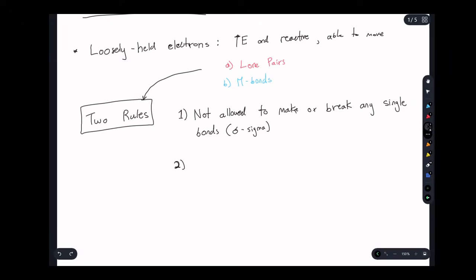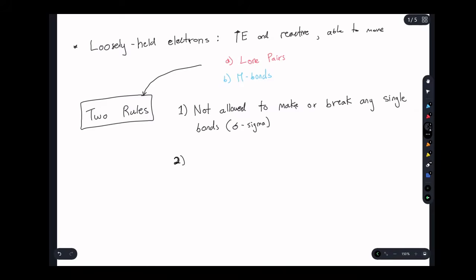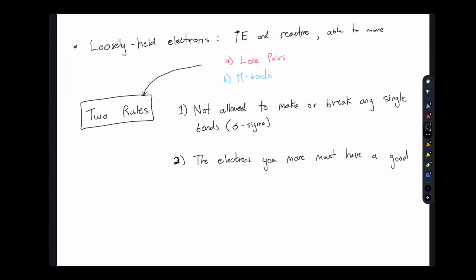The second rule kind of goes along with the first, but I like to spell it out discretely: the electrons you move must have a good home. What I mean by this is that we're going to be able to move electrons, but we can't just move them somewhere that it's not possible to move them.